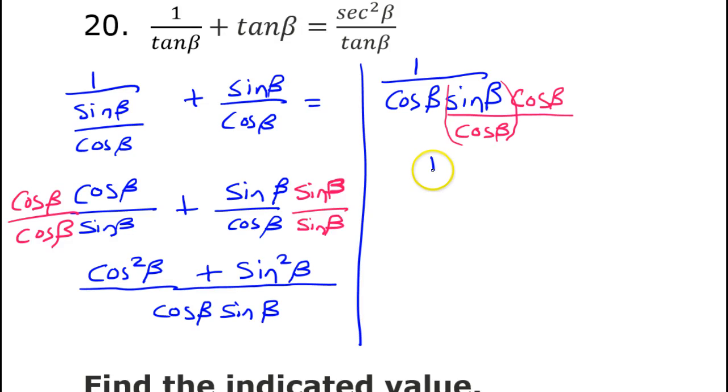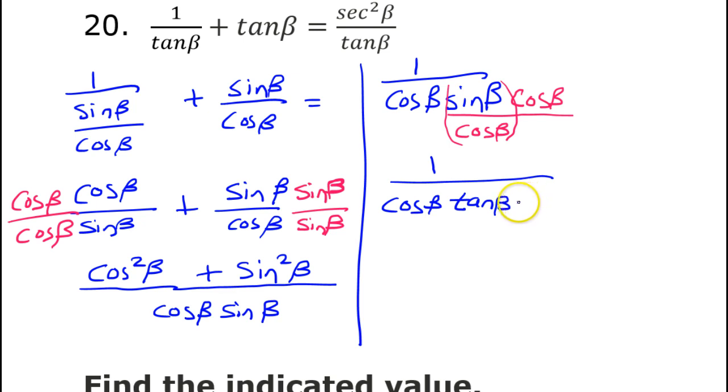Alright, so right now I've got 1 over, now I've got that cosine beta that was right there. Now I've got my sine over cosine, so I've got tangent beta, and then I've got this extra cosine beta over there.